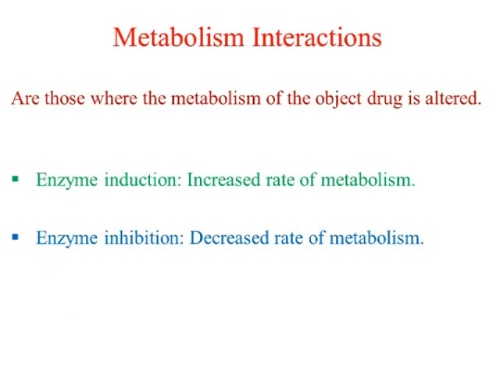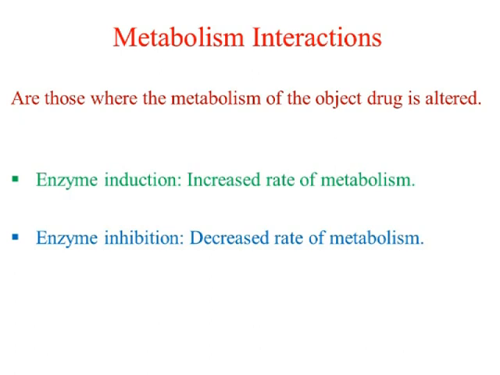The third one, about the process of kinetics, is the metabolism process. And we have something called enzyme induction and enzyme inhibition. We have cytochrome P450 enzymes inside the liver, and they get induced by certain drugs.